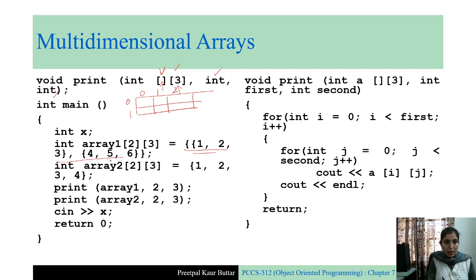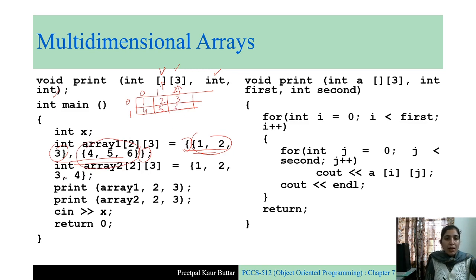We have the outer curly braces for the entire array, and the inner curly braces for each row. So the inner curly braces tell us the elements in the first row. Elements in the first row are 1, 2 and 3, and the next curly braces delimit the elements in the second row. Elements in the second row are 4, 5 and 6.